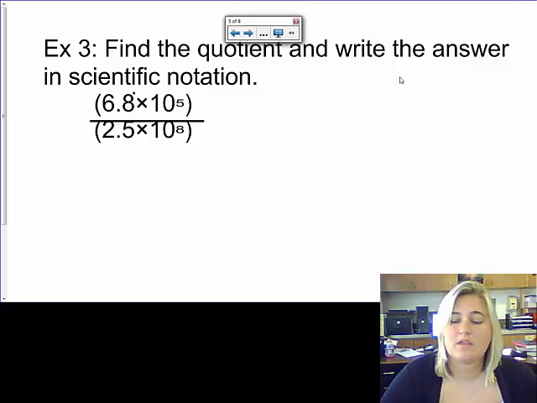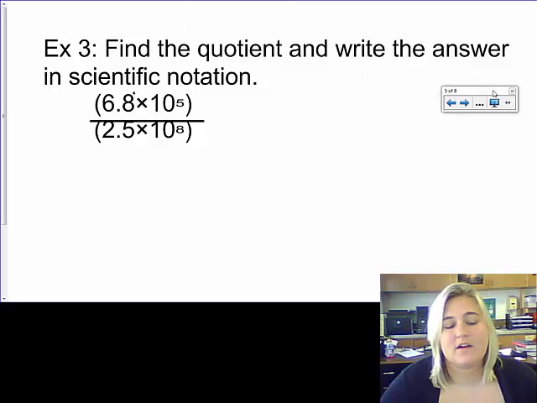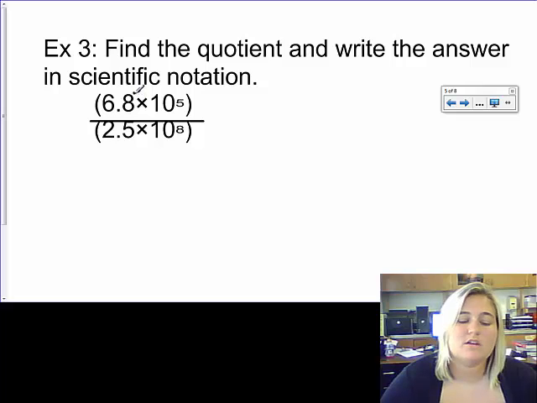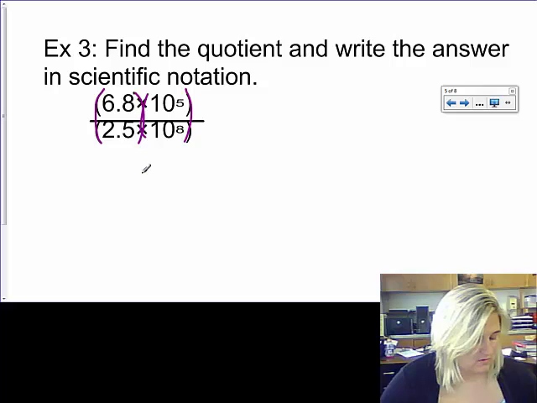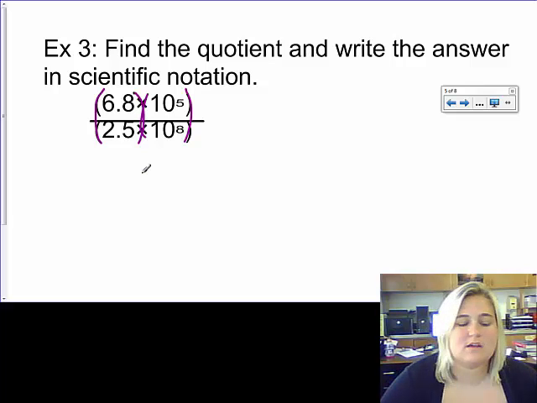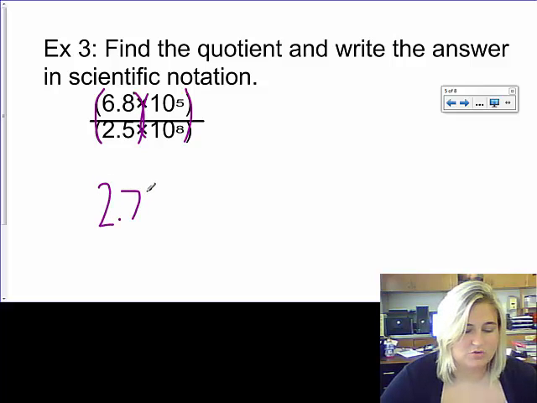The same thing can work whenever we're dividing. In this case, we're going to regroup the exact same way. I'm going to put coefficients with coefficients and powers of 10 with powers of 10. So what this is telling me is I'm taking 6.8 divided by 2.5. So 6.8 divided by 2.5 gives me 2.72.